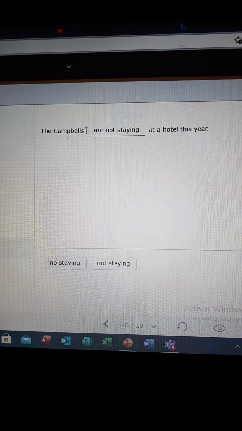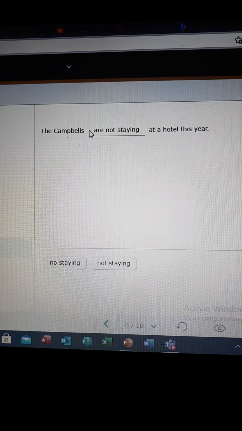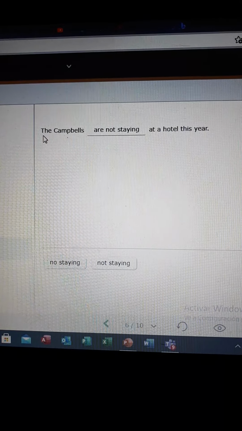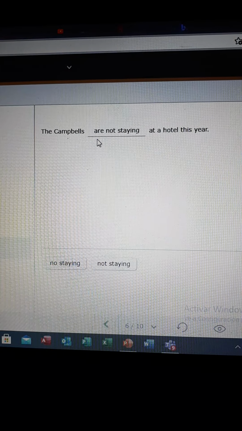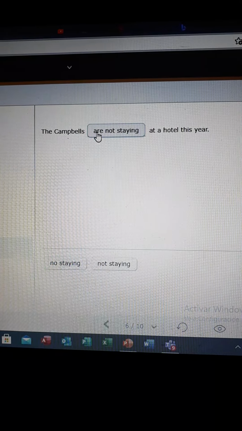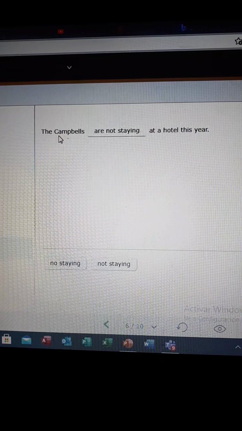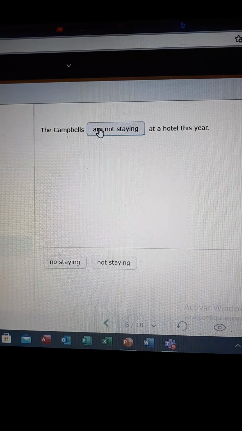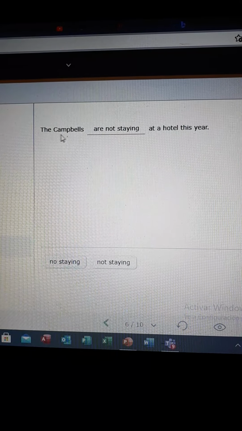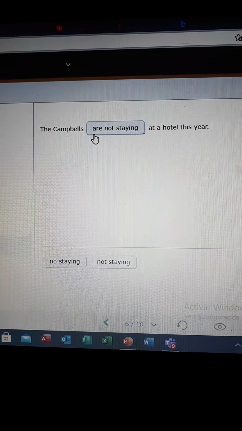Remember, first step is the pronoun, the name, or the subject, singular or plural. Second step is the auxiliary, am, is, or are, depending on this name. Singular with singular is, plural with plural are. If you're talking about yourself, then you have here am.